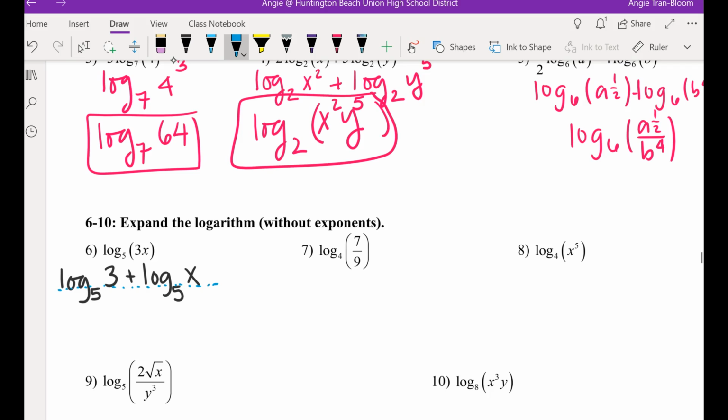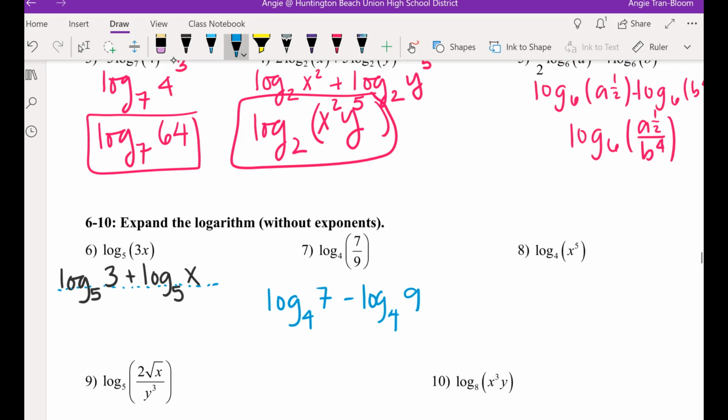Please compare now before you're called upon. Roger, final answer? Log base 4 of 7 minus log base 4 of 5. Do you guys agree with Roger? Yeah. Perfect.